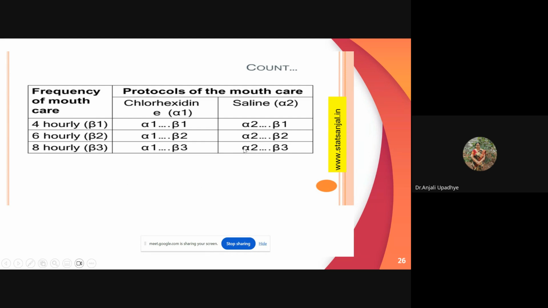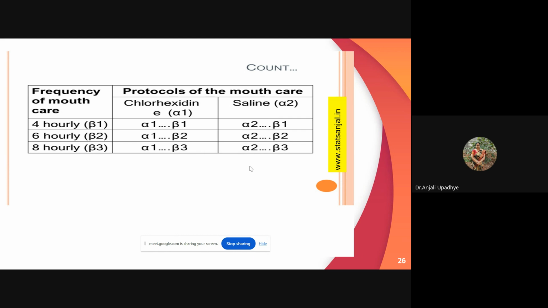For example, in this factorial design, the frequency of mouth care is 4 hourly, 6 hourly and 8 hourly, beta 1, beta 2, beta 3. The protocols of mouth care are cholesterol, alpha 1, and saline, alpha 2. Then the combinations will be alpha 1 beta 1, alpha 1 beta 2, alpha 1 beta 3. This is one combination, and the saline is another combination.